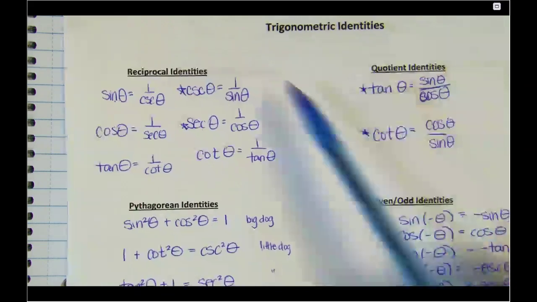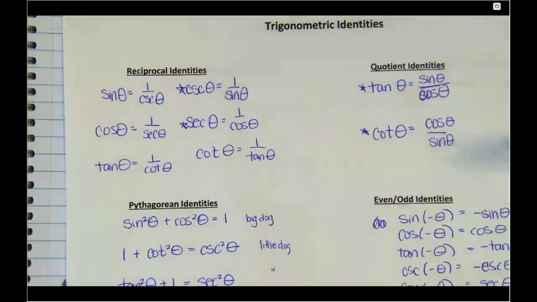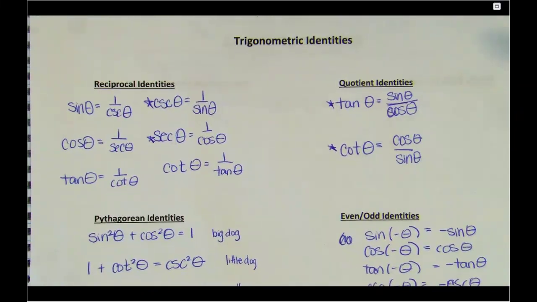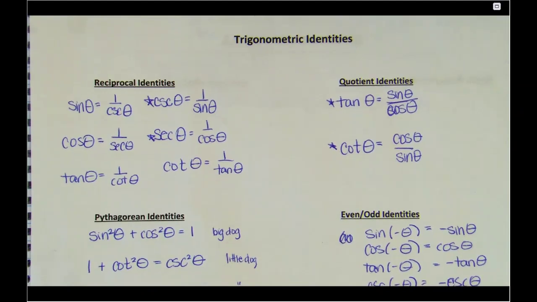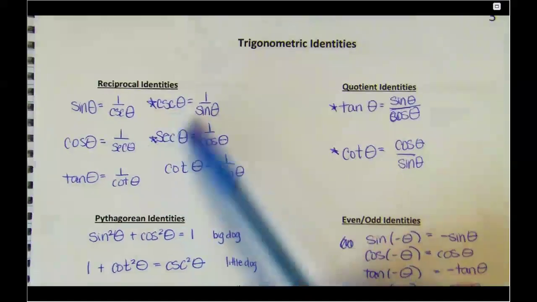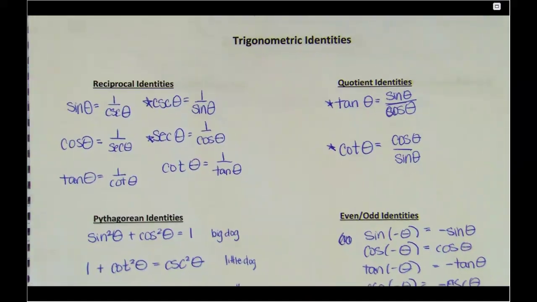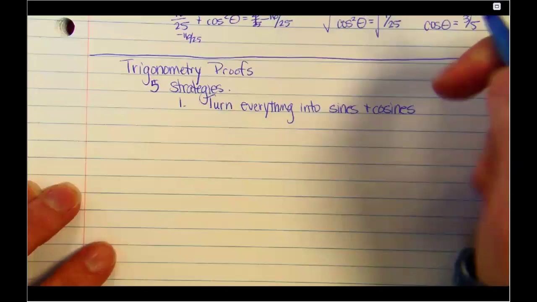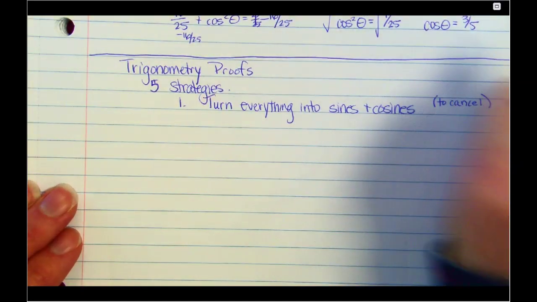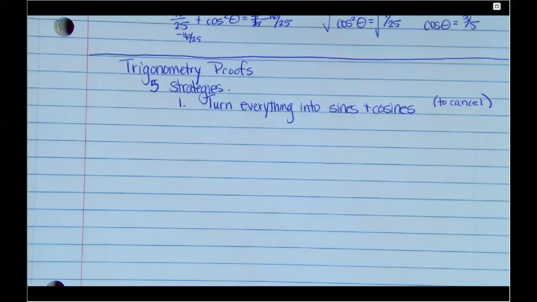I have those starred on mine because those are the four that you use for this. When you're turning everything into terms of sines and cosines, those are the four you use, because it gets rid of tangent, cotangent, cosecant and secant, and makes everything in terms of sines and cosines. We do this so that you can potentially cancel something, which I will show you.